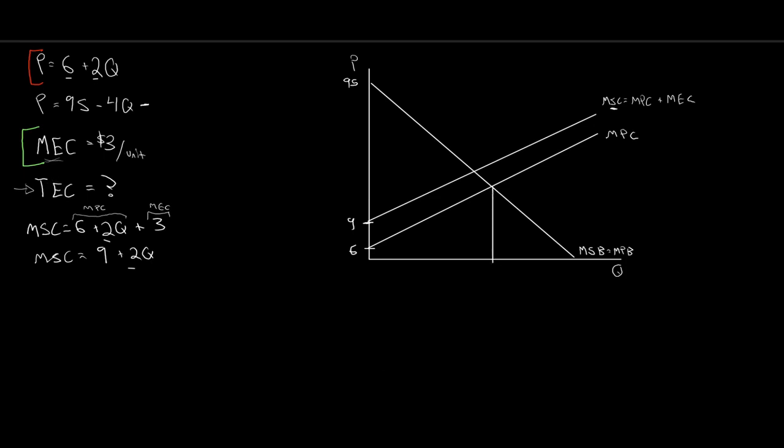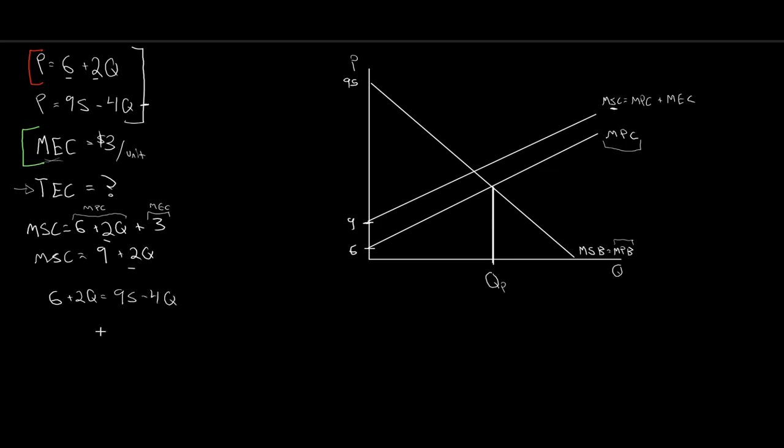So what we're looking for is our total quantity when my marginal private benefit equals my marginal private cost. Private optimal, we'll call that QP. To solve for that, let's just set equal supply and demand, or marginal private cost and marginal private benefit. We have 6 plus 2Q equals 95 minus 4Q.